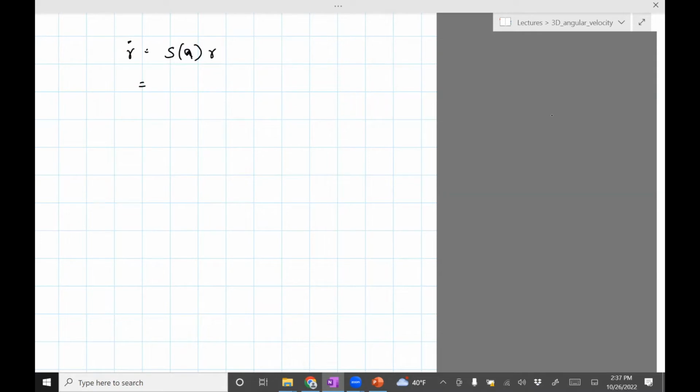Okay, but we know something about S of A. If you have a skew-symmetric matrix times r, you can also write this as A cross r, because we already showed that S of A times B is the same as A cross B. But then we also know v equals omega cross r.